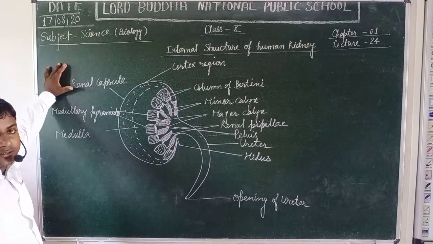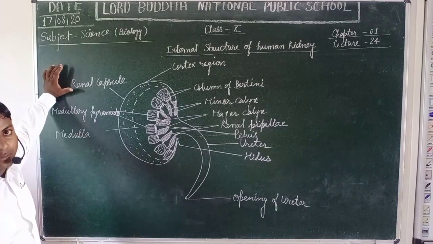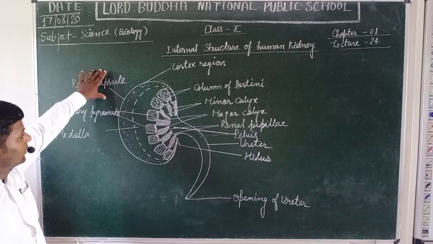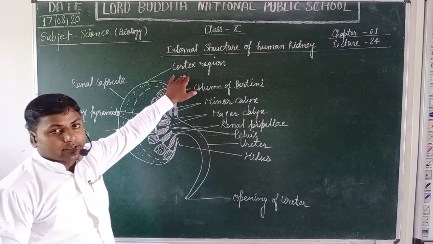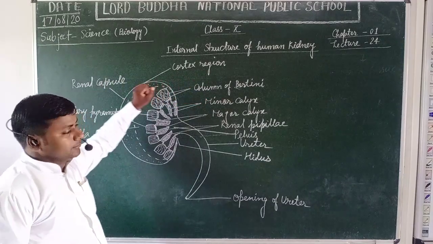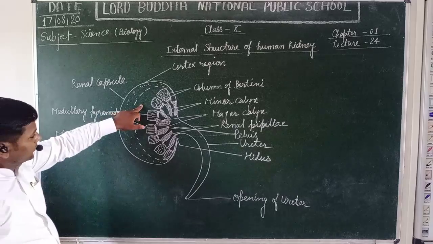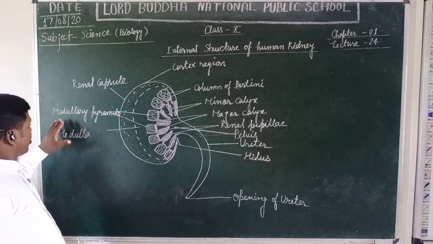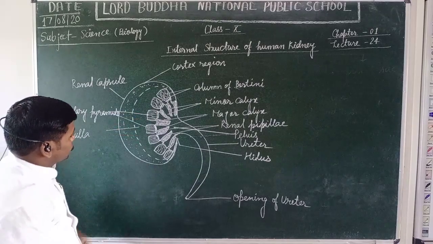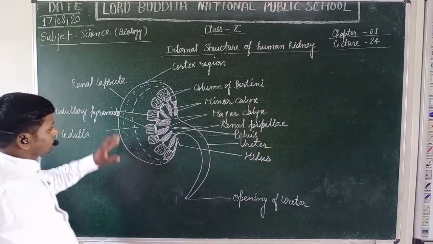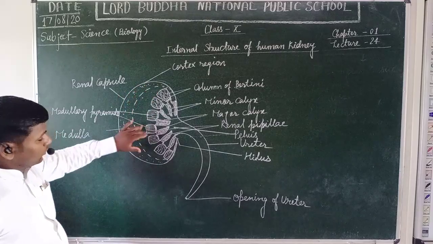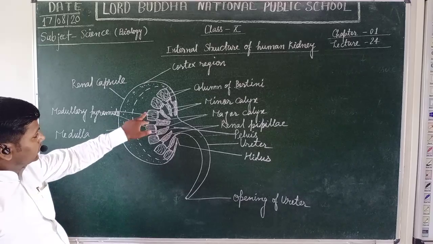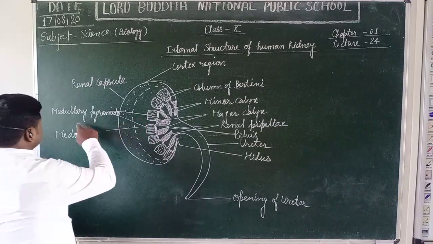The kidney is enclosed in a capsule that is called the renal capsule. The renal capsule surrounds the cortex region of the kidney, and the medullary part is somewhat massive, as illustrated in this diagram. There are 7 to 9 pyramidal structures as illustrated in the diagram.